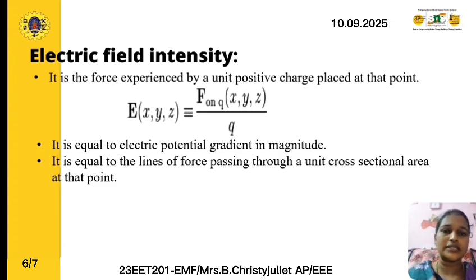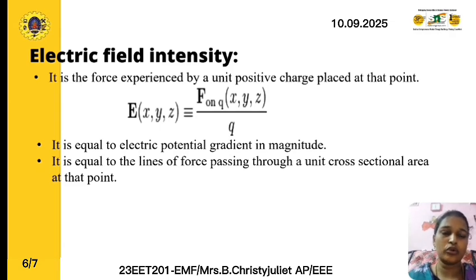We also know that F is equal to Q1 Q2 by R square from Coulomb's law. So E is equal to Q1 Q2 by Q into R square. Here this Q represents either Q1 or Q2, based on towards which the charge moves.